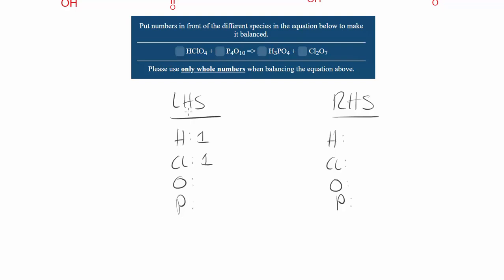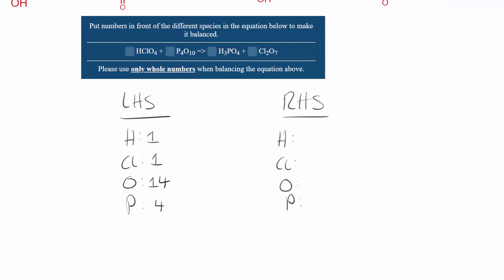So we're just going to add that up: 4 plus 10, so that's going to be 14, right? And phosphorus occurs only in this species, and we've got a 4, so that's going to be 4.